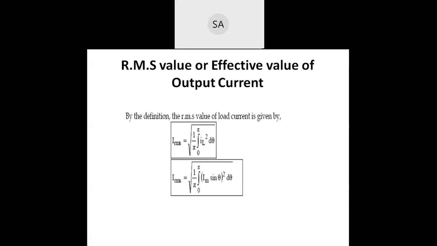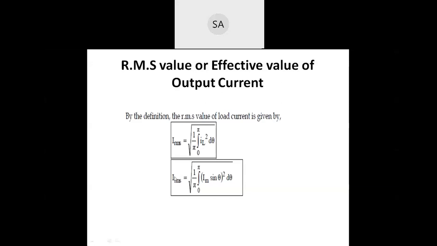Let us discuss the same values we discussed for the half wave rectifier; they are required for this full wave rectifier also. The RMS value, by definition, of the load current is given by IRMS equal to the square root of 1 by pi integral from 0 to pi of IL square d theta.